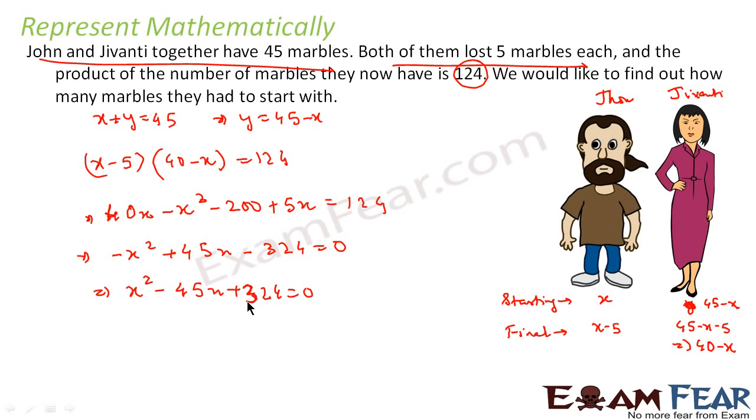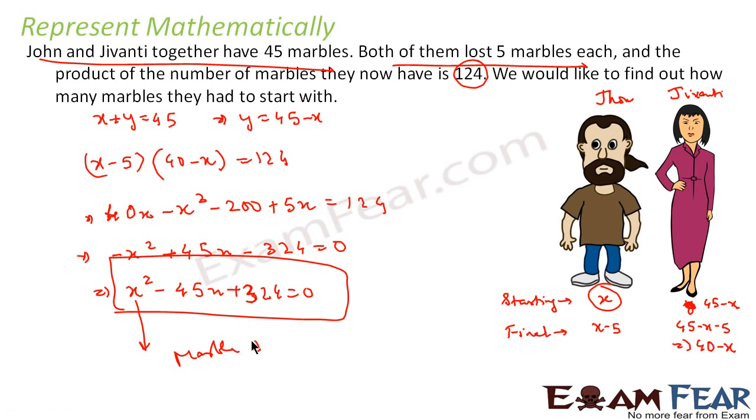So what is this? This is the equation in the variable X, where X is the number of marbles John had in the beginning. This is also one practical example of a quadratic equation.